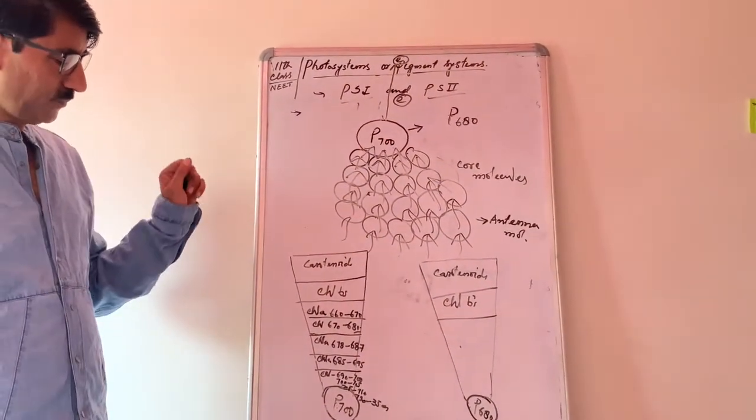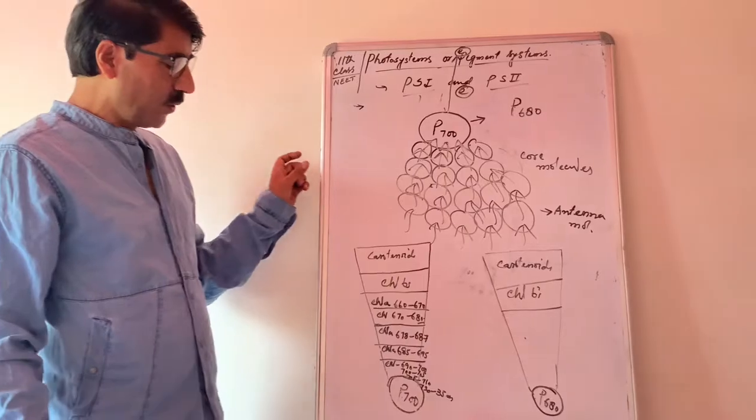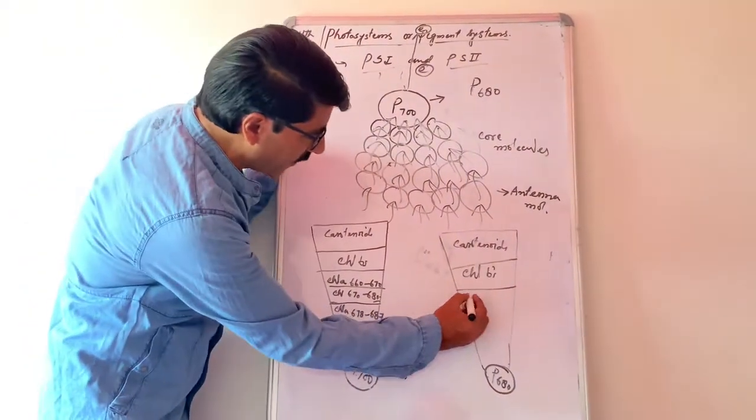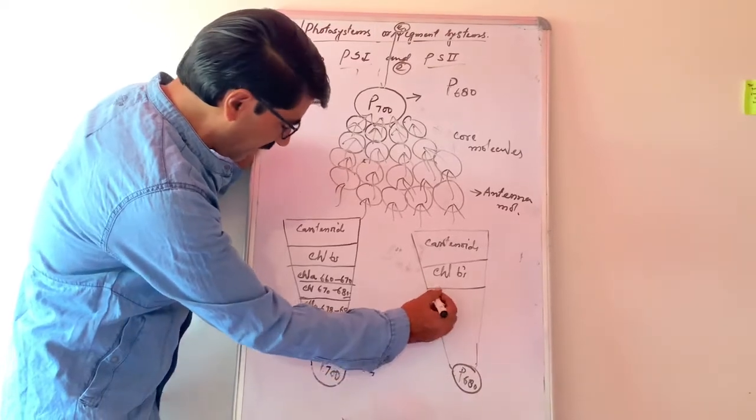Now, for neatness, you will remember that up till here it is the same: the chlorophyll distribution in pigment system second is the same.